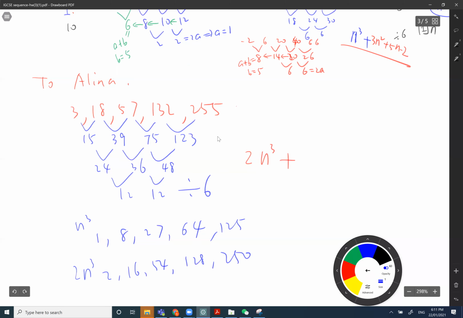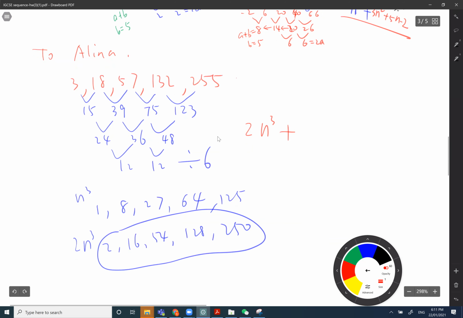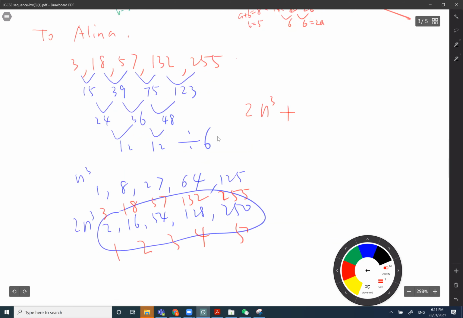We need to minus this 2n cubed from the original one, 3, 18, 57, 132, 255. If you minus, 1, 2, 3, 4, 5. This is just n. Plus n.